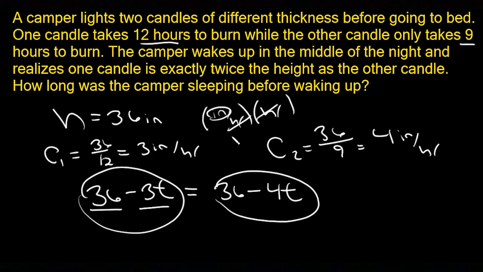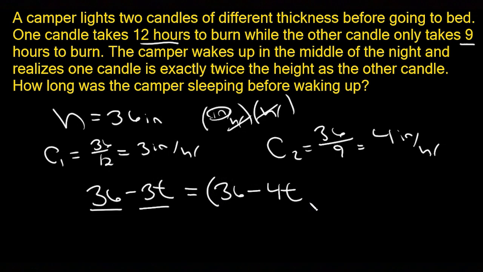So in other words, what you can do here is multiply this side by 2. Whatever value I get for a height on the left-hand side, in order for me to balance it out, I'll have to double this value here. And that takes care of the requirement of this being twice the height, okay? And so now you can go ahead and solve for t.